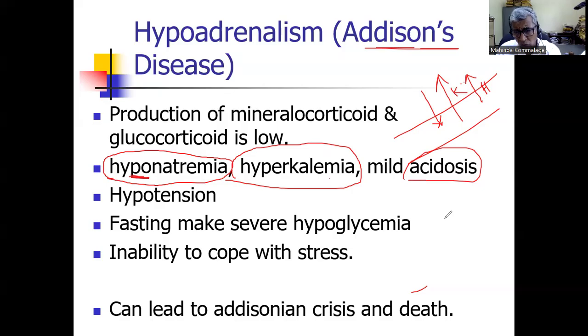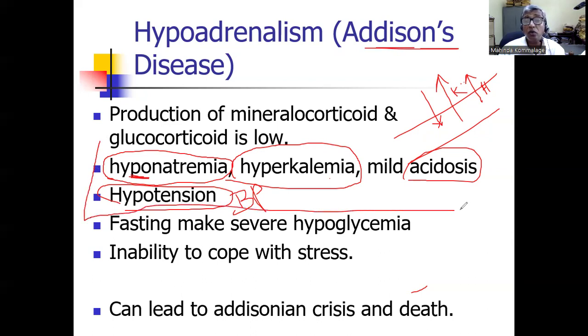So if there's no sodium reabsorption, water level reduces and water reabsorption will be impaired. If there's a low water level in the body, we will get hypotension. Blood pressure will reduce. These are features due to aldosterone effects in Addison's disease.